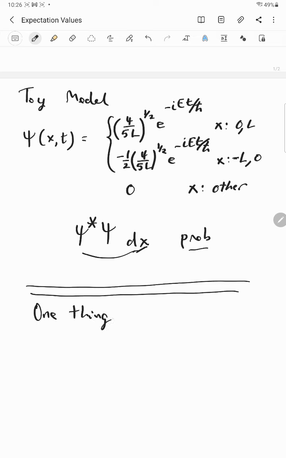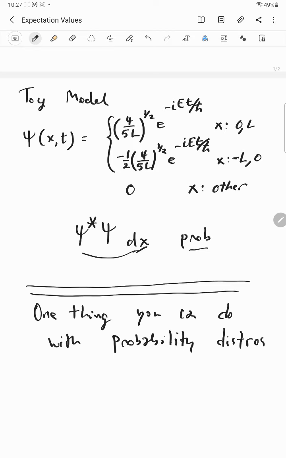So as an aside, one thing you can do with what are called probability distributions, or distros, right? If you have a probability distribution, that means that the probability is distributed over different values of x, where x is the various answers or various outcomes.